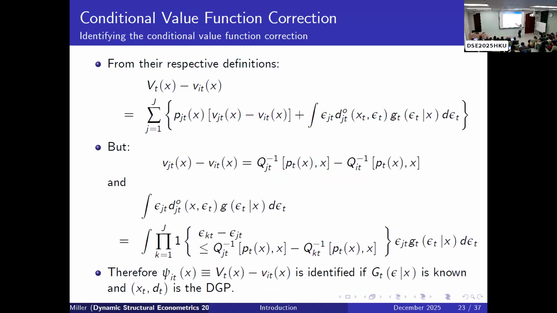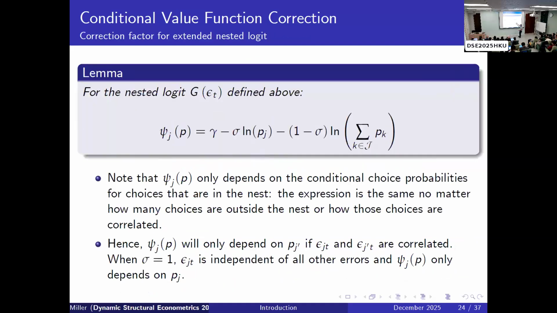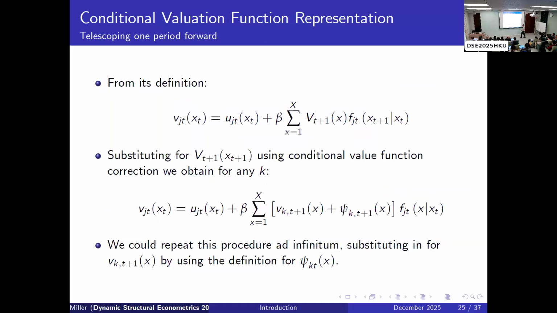And then I said this correction is identified. In fact, this has a simple form in a bunch of cases. Nested logit, and there are actually some others where it can be worked out fairly straightforwardly, sometimes numerically, but it's straightforward. So now I want to substitute out the social surplus function with a conditional value function plus the correction.